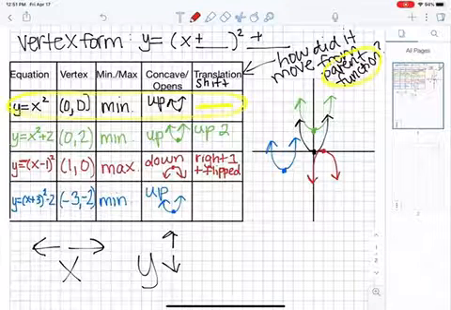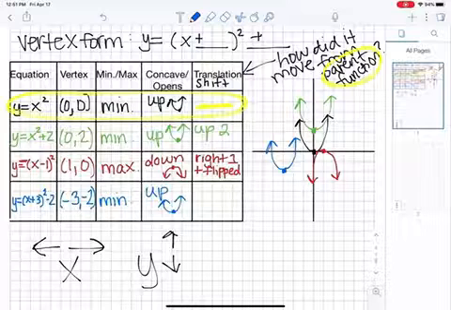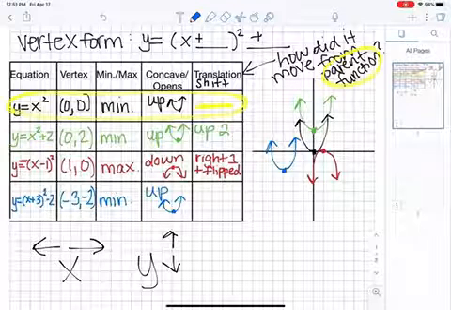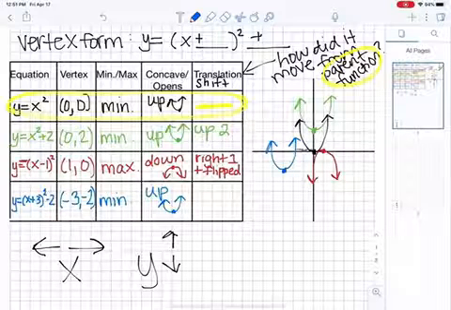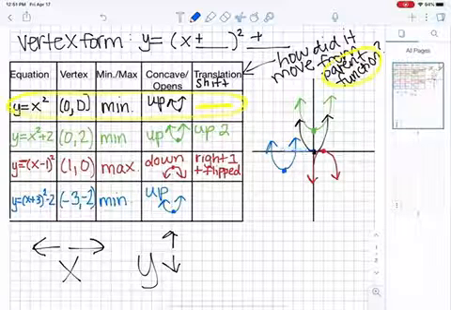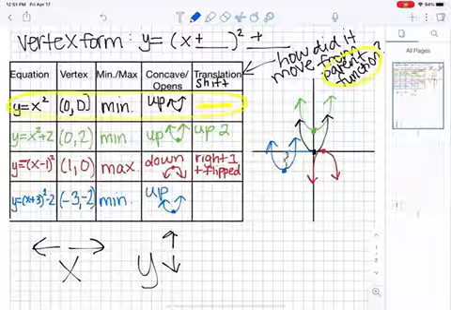Okay, now let's look at our last one here. So this had a vertex at negative 3, negative 2. If I compare that to how my x and y axis shift, that negative 3 would tell us left 3, and that negative 2 would tell us down 2 because that goes with the y value. So if I compare that to my parent function, which is right here, see I'm moving left 3, 1, 2, 3, and then I'm moving down 2, 1, 2.